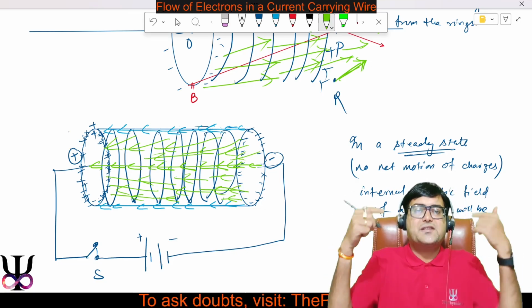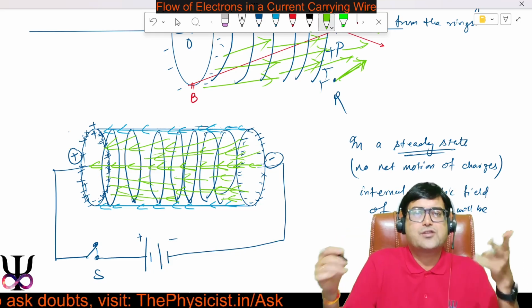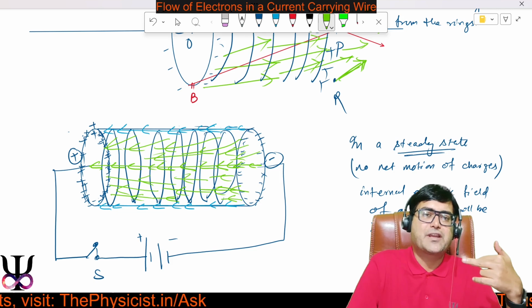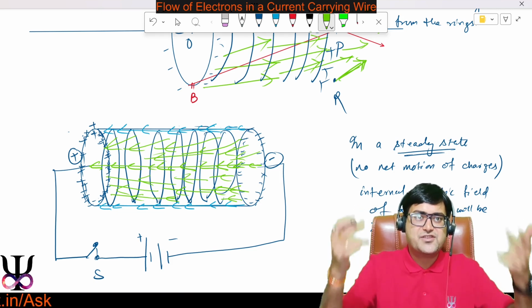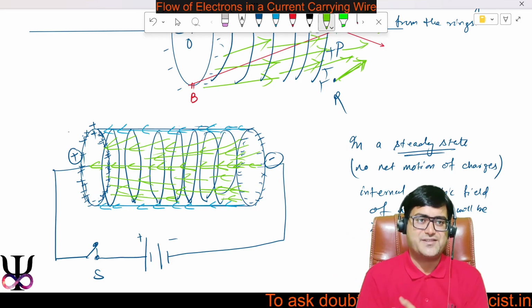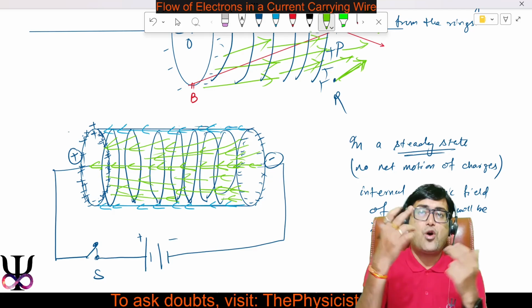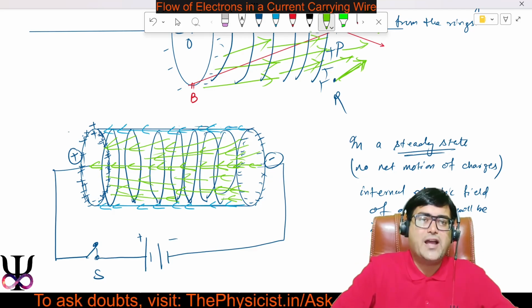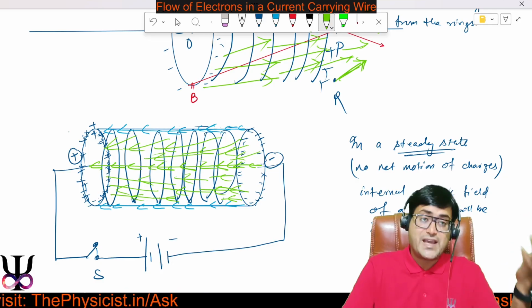And why exactly is this flow of electrons inside the volume of a wire happening? It's happening because of the charge distribution on the surface, right? These electrons are influenced by the charge distribution on the surface of the wire. You might say that on the surface of the wire the electrons are also moving. Yes, they are moving.